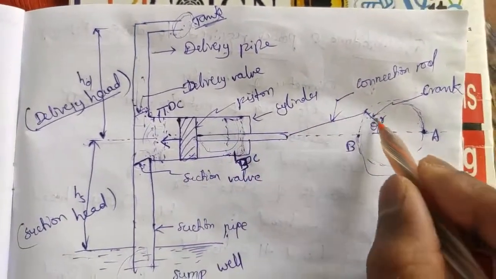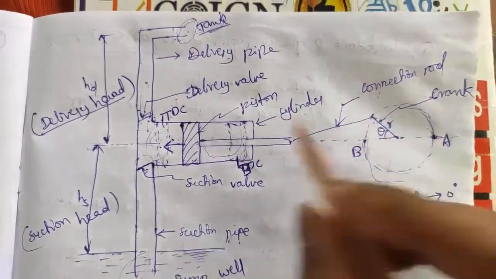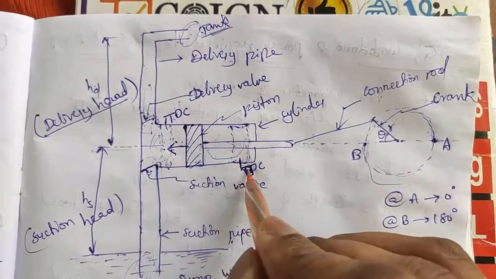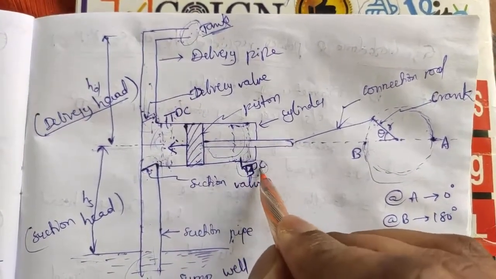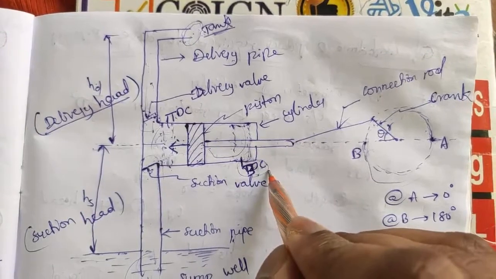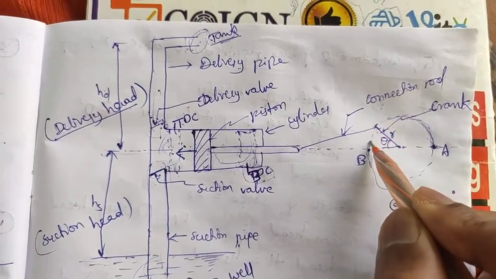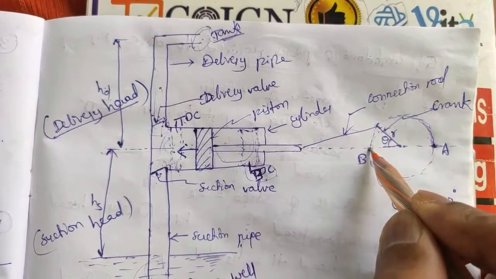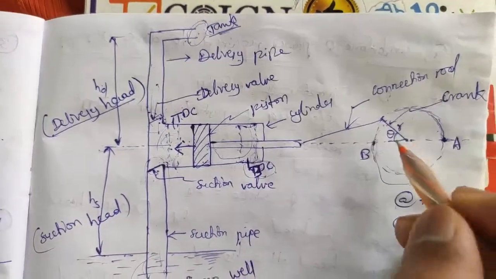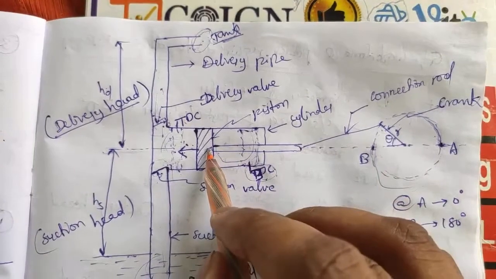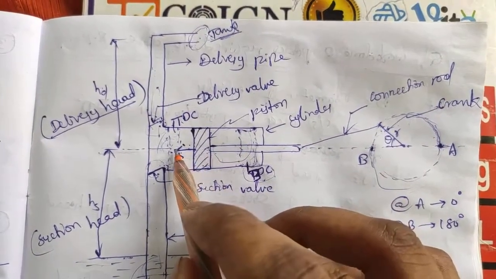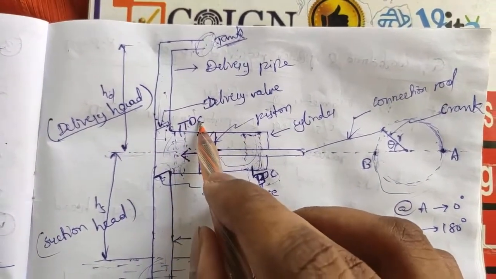When the crank is at point A, the piston is at top dead position. When the crank moves rotationally to position B, the piston is located at bottom dead center.